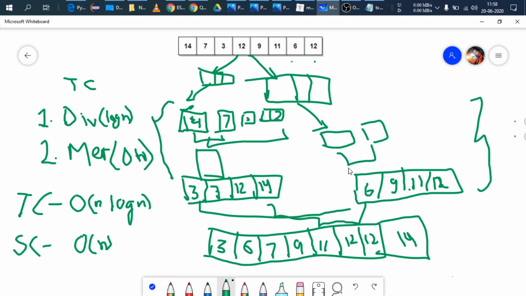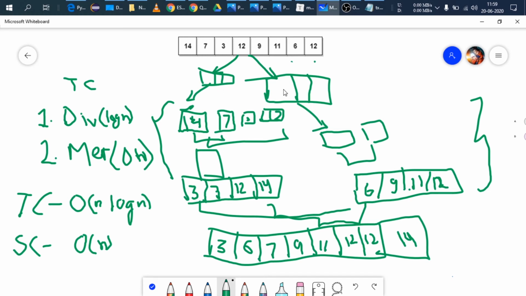So now we'll talk about the advantages, the pros and cons, of one algorithm over another. So first we'll talk about quicksort. Since quicksort uses the partitioning technique, it will divide the array into two subarrays and use the same technique in those subarrays too.